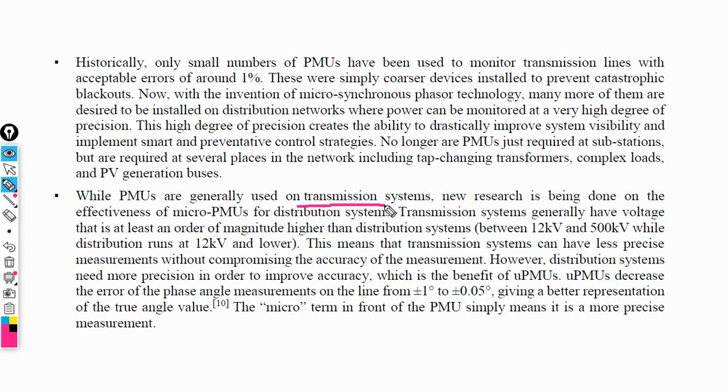The error of the phase angle we have to consider is plus 1 degree to 0.05 degree. The phase angle measurement varies from plus 1 to 0.05 degree. This is the phase angle measurement. Now this is the exact concept of the phase measurement unit.